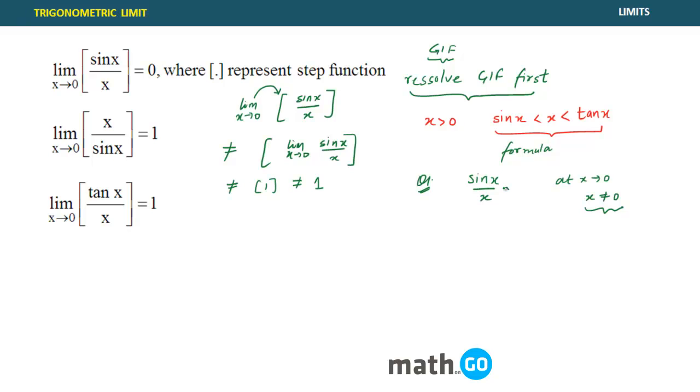So this quantity will definitely be something like, can you tell me what it should look like? 0.9 something, right? Because x is a bit larger than sin x. So this will be 0.9. Now apply GIF. So let's say if 0.9 is there, what will you answer me? 0. That is why the answer to this particular problem is 0 over here. Similarly, if I had reversed the order, right?